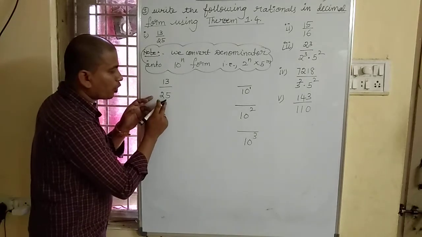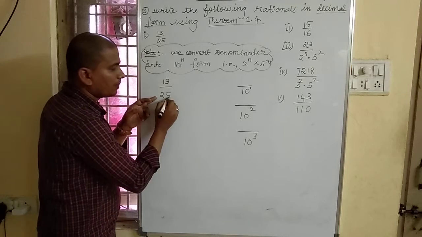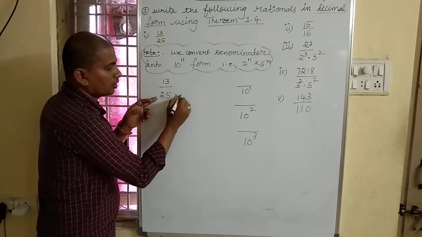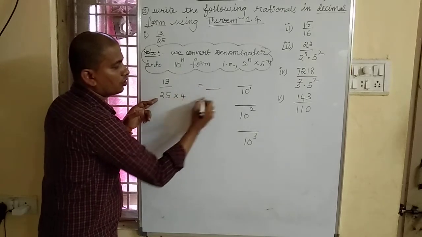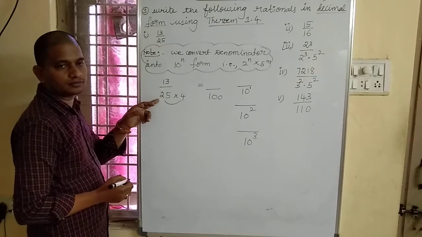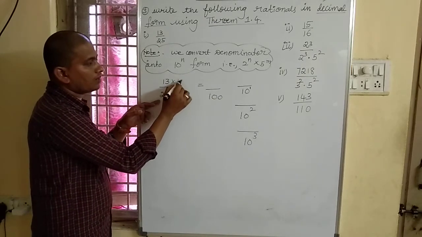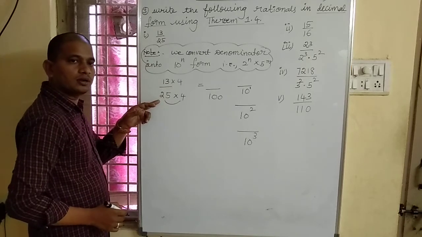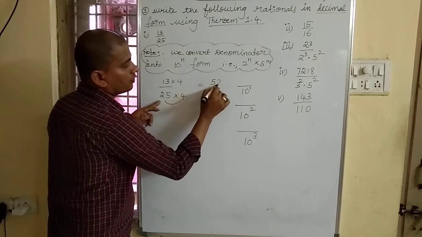Here we have a possibility. If I multiply this 25 into 4, if I multiply the denominator by 4, I will get 100. Whenever we multiply the denominator by 4, at the same time we have to multiply the numerator also by 4. So 13 into 4 is 52.